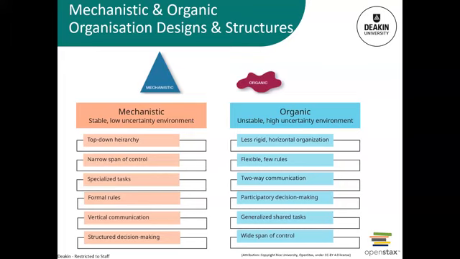As a general rule, we should say that larger companies tend to be more mechanistic, whereas smaller companies tend to be more organic. So they're the two extremes in terms of the organisational designs.